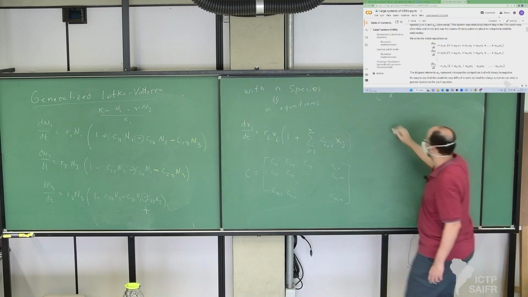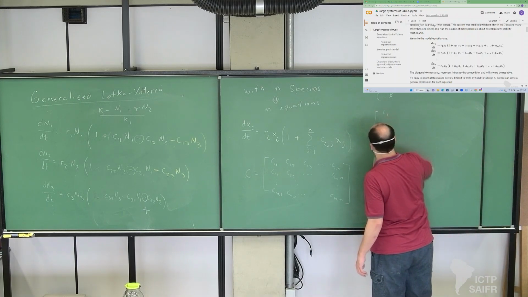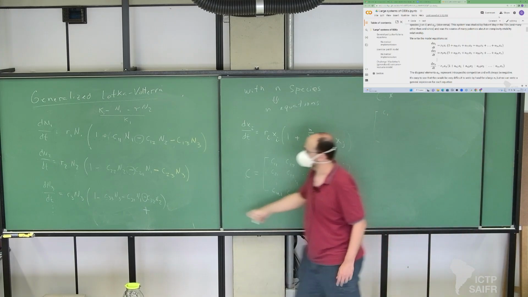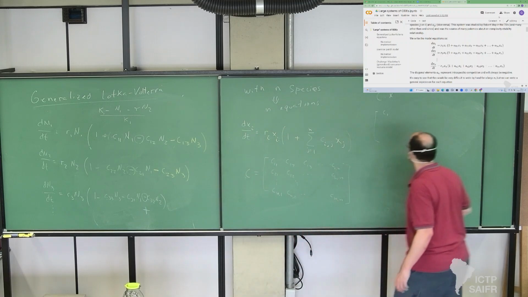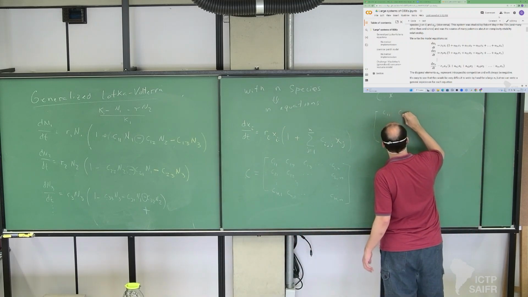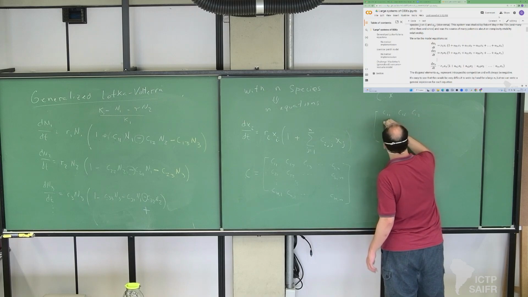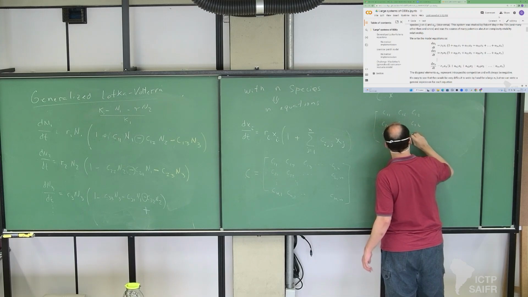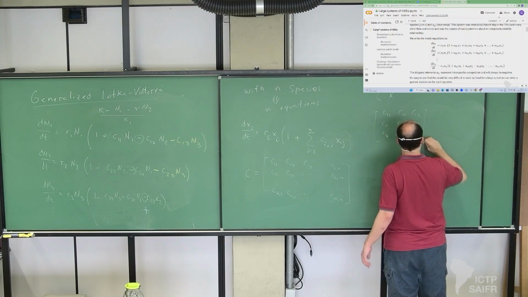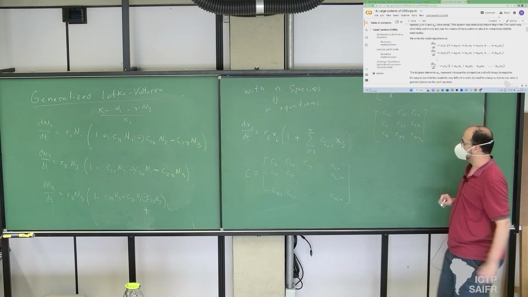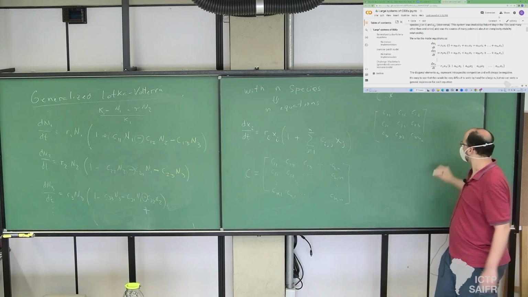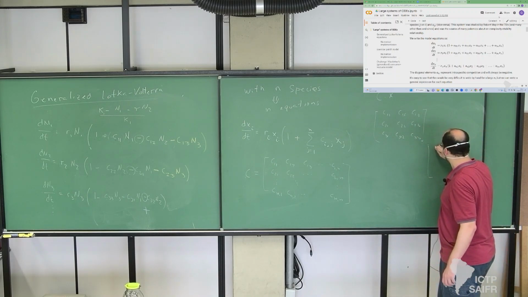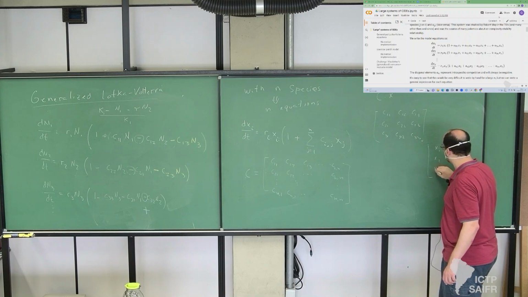Let's do this example with 3 equations only. So I have C11, C12, C13, C21, C22, C23, C31, C32, C33, multiplied by the x vector that is x1, x2, x3.